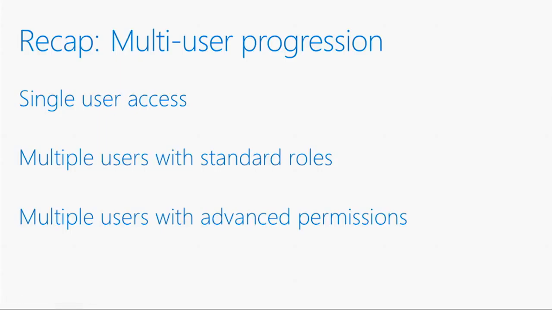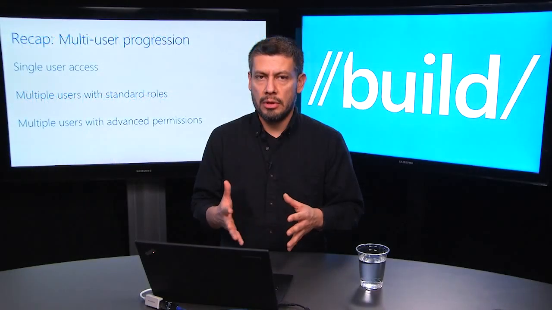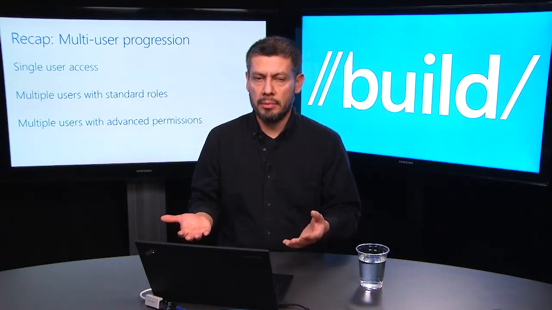So, doing a quick recap of what we covered today, you have 3 flavors of access control in Dev Center. One of them is going to ship this coming summer, and 2 of them already exist. The first one is you have a single user, you only have your MSA, and that's all you need to access your account. If you're a single developer, you don't need anything beyond that.